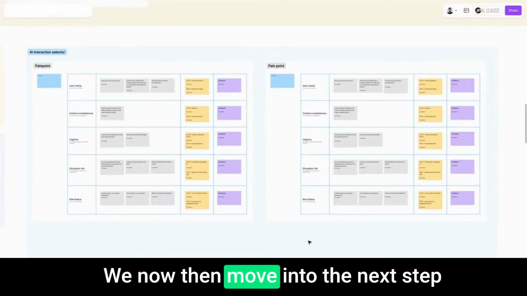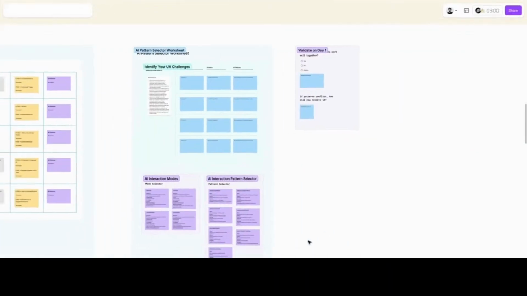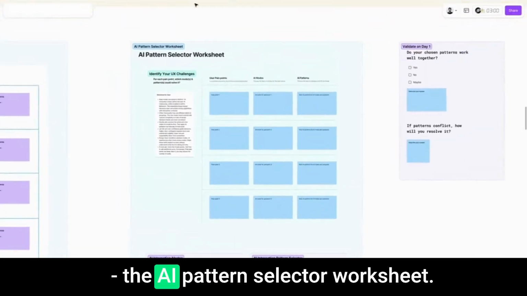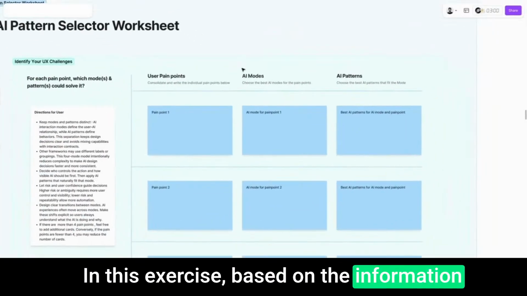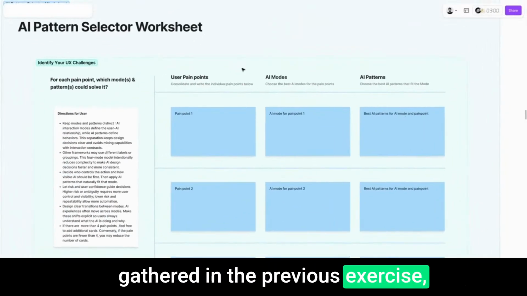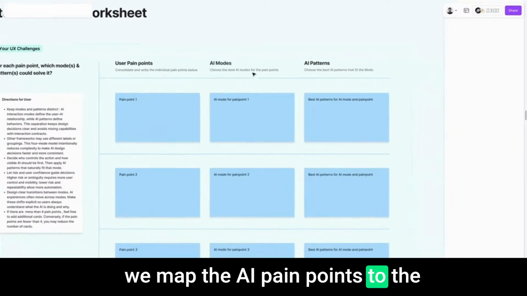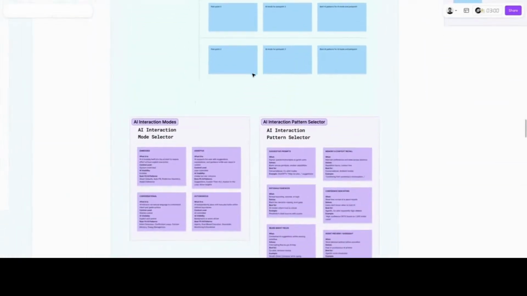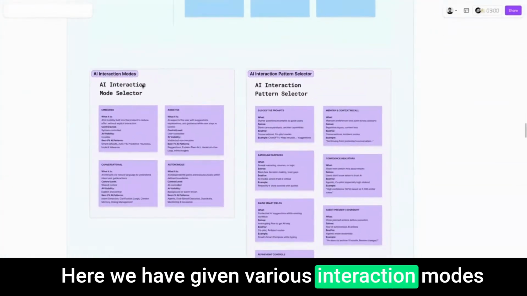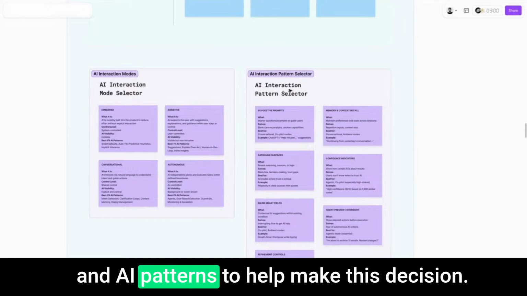Once we're done with this exercise, we would have built enough context into the pain points. We now move into the next step, the AI pattern selector worksheet. In this exercise, based on the information gathered in the previous exercise, we map the AI pain points to the appropriate AI modes and AI patterns. Here we have given various interaction modes and AI patterns to help make this decision.